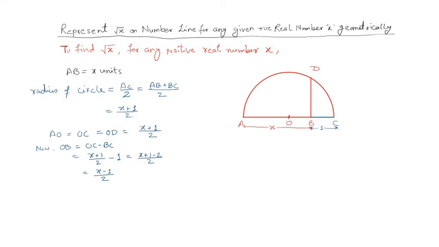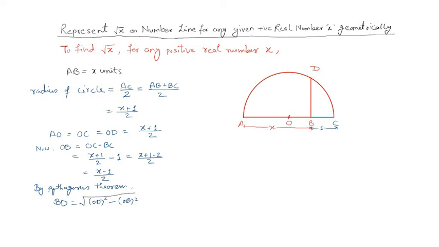See, so now we have OB. Now we know OD, that is the radius of the semicircle. So we can calculate this BD by using the Pythagoras theorem. We will get BD equal to the square root of OD square minus OB square.